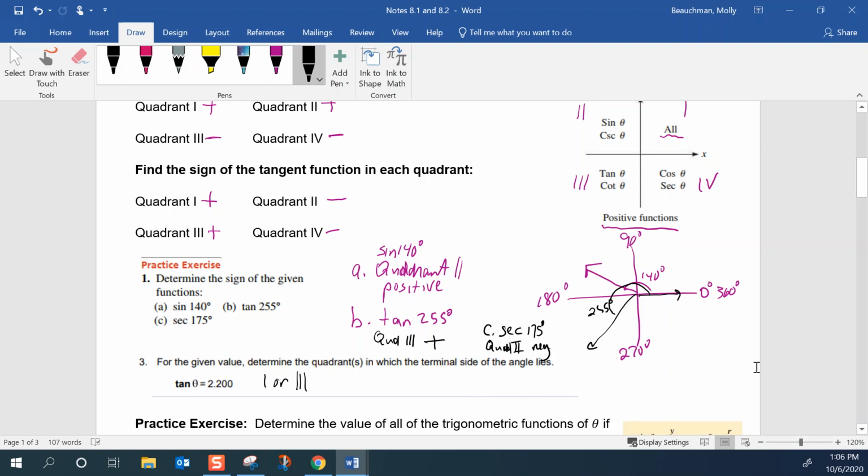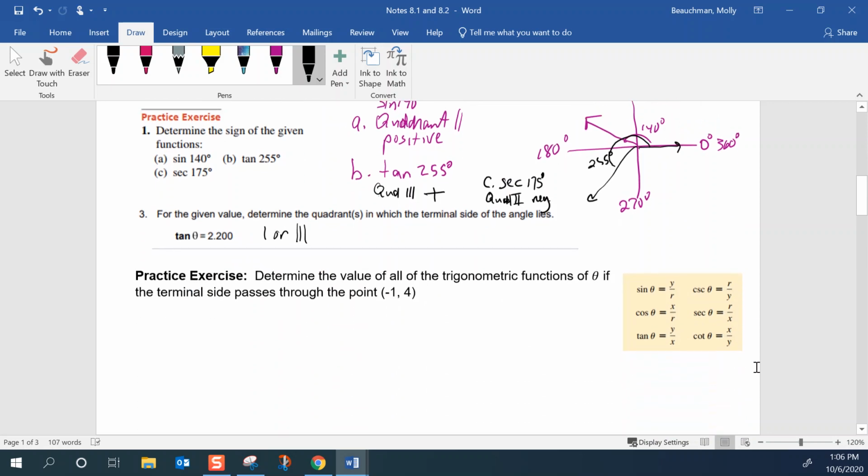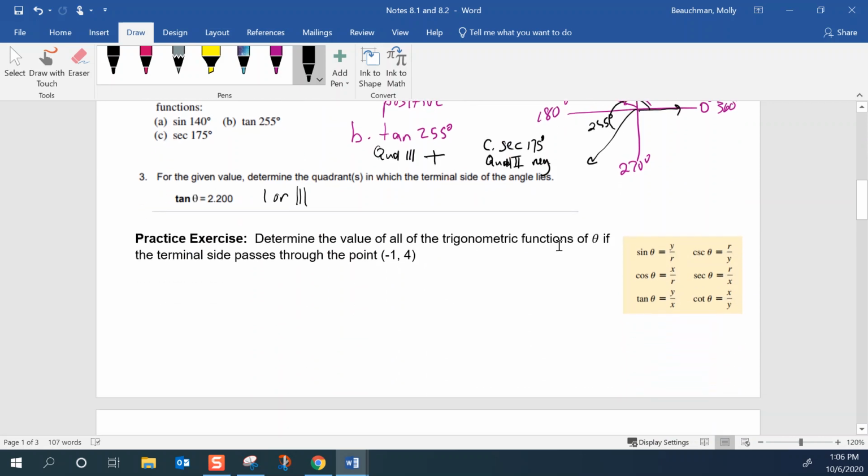All right, next exercise we're going to take a look at is actually finding the value of all the trig functions of our angle if the terminal side passes through a given point. So we have to draw first. Well, I guess we don't really need to, okay? So we know that x equals -1. We know that y is equal to 4. And then what we're going to do is we need to know r.